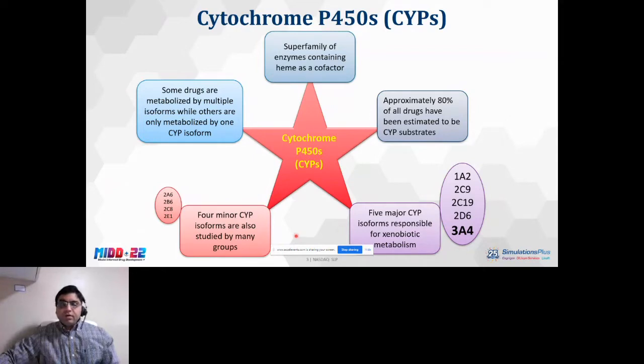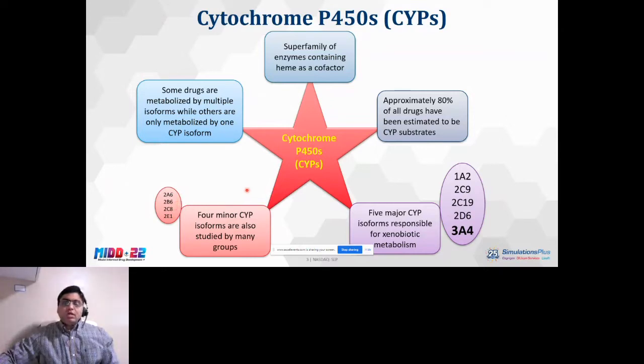There are four other CYPs which are also studied by various groups, but their contribution in drug metabolism is very minimal. These four CYPs include 2A6, 2B6, 2C8, and 2E1.